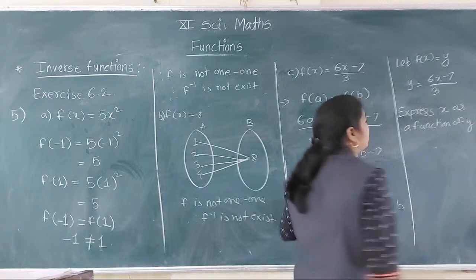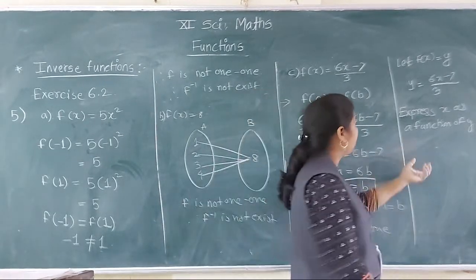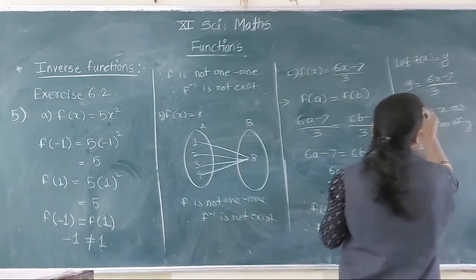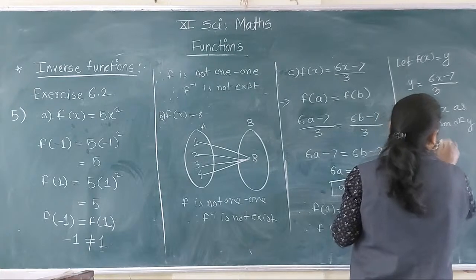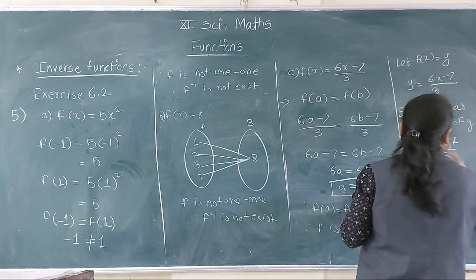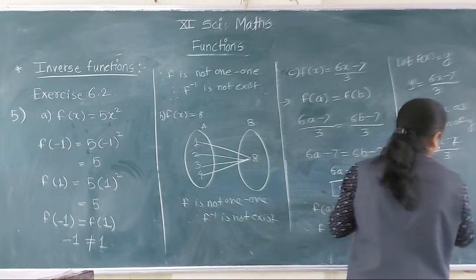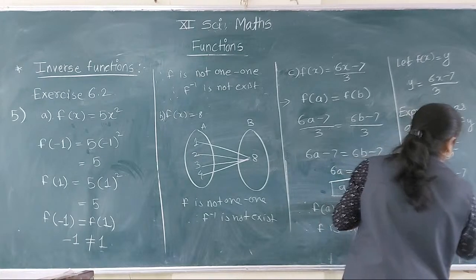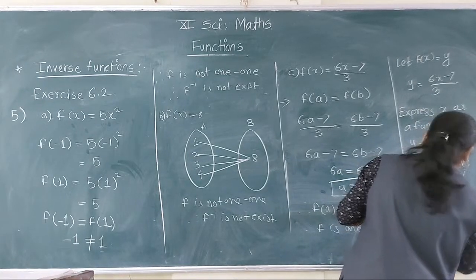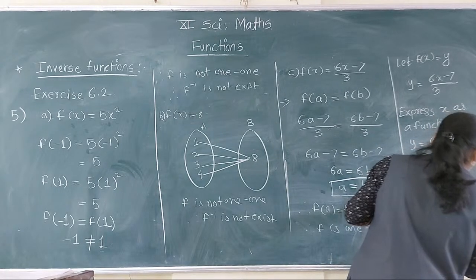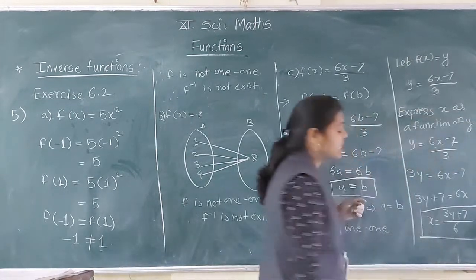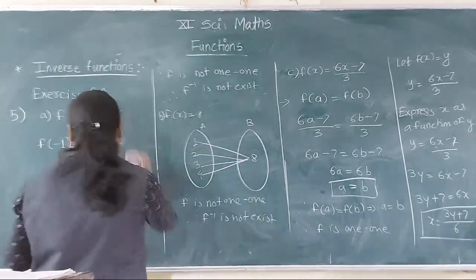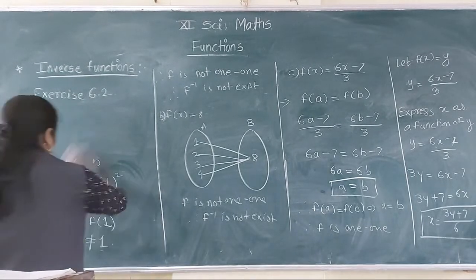If we are able to express x as a function of y, then we'll say that the function is onto. So if we carry on, y is equal to 6x minus 7 upon 3. We'll solve this. 3y is equal to 6x minus 7. So 3y plus 7 is equal to 6x. So x is equal to 3y plus 7 upon 6. So we are able to express x as a function in terms of variable y. So we'll say that f is onto.